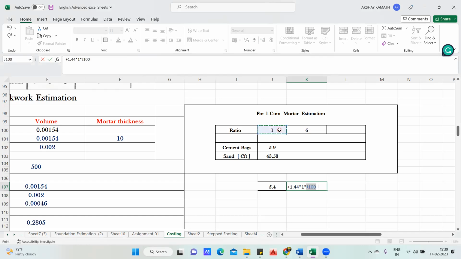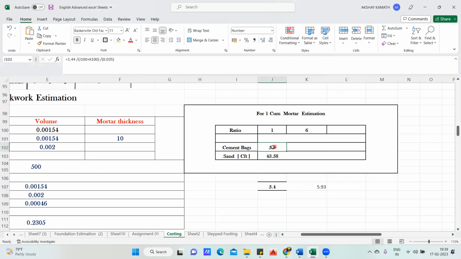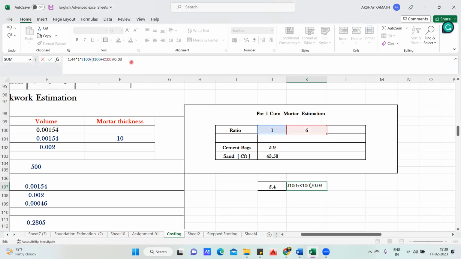Then divide this by the total ratio, 1 plus 6, close the bracket, and divide this by 0.0347, because that is the volume of a cement bag. If you press enter, it will be 5.92, and if I round it, it will be 5.93. Here I have taken 1.44 and 0.035. I can take 0.035 and I'll get the same answer. Yeah, now it is okay.